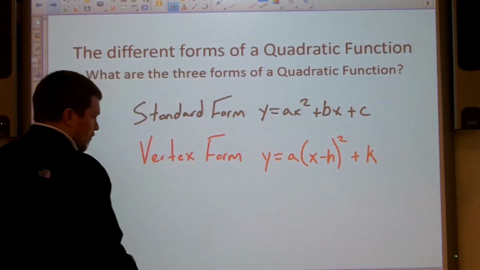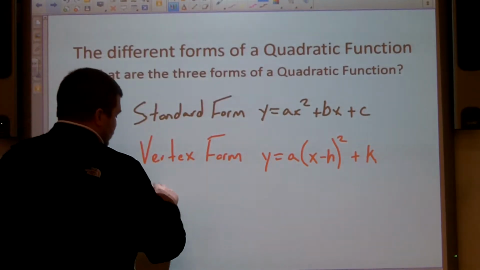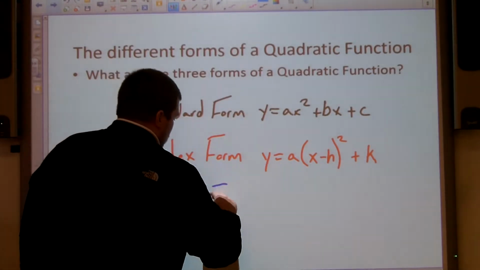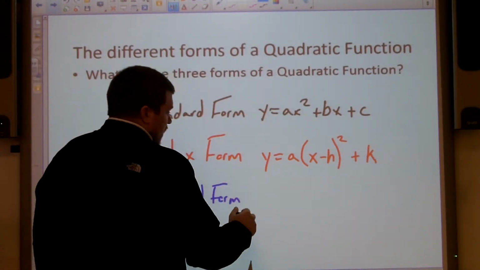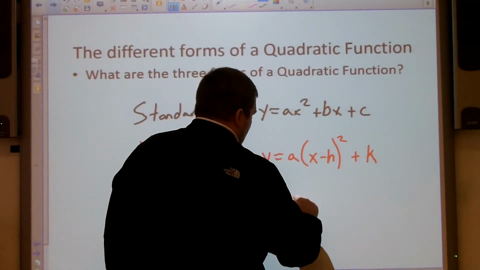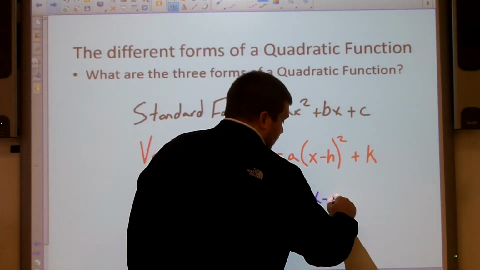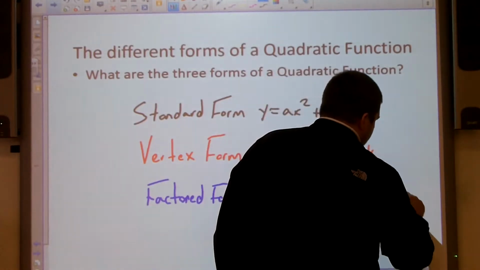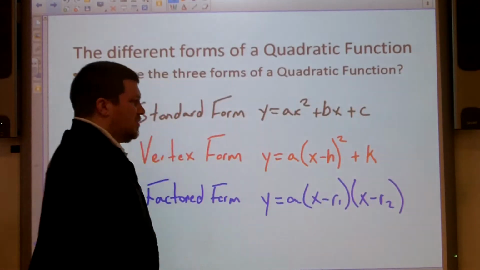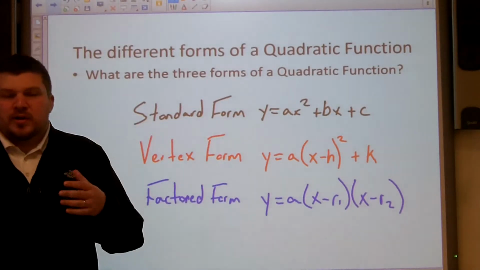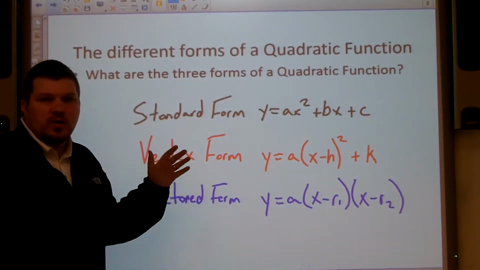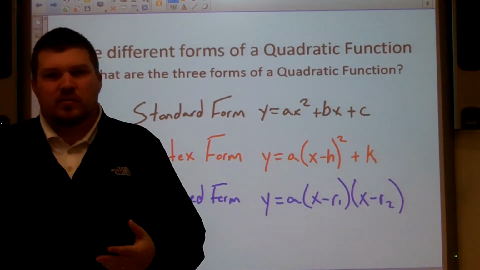And then the last form we have is called factored form. And that's just simply y equals a times quantity x minus r1 times x minus r2. Okay, so all these things mean something. We're going to talk about those over the next couple of slides, but you definitely need to recognize all 3 forms, know their names, and be able to use them appropriately.